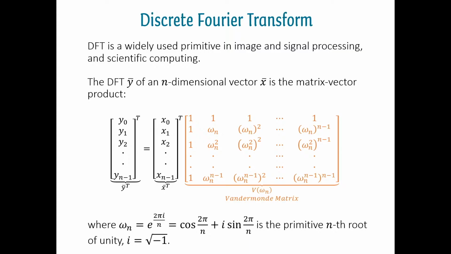So you take this square matrix and multiply it with this vector, and you end up getting another vector. That is your DFT. If you think about it closely, it is really evaluating a polynomial of degree bound n, written using these values as the coefficients, at each of the nth roots of unity.